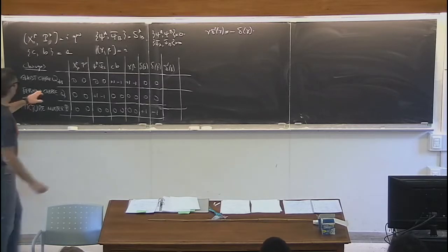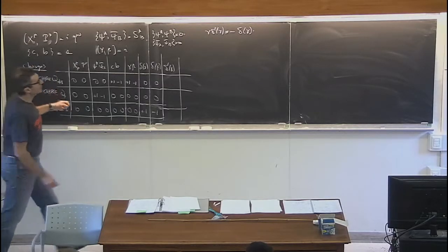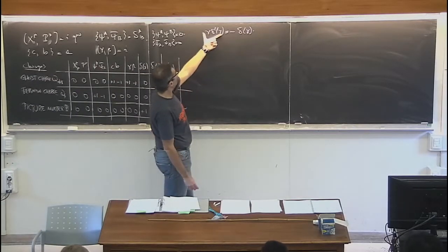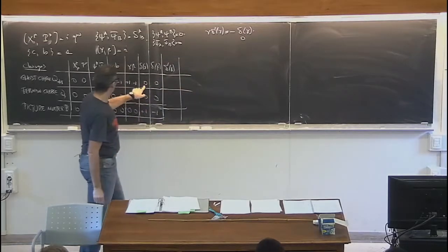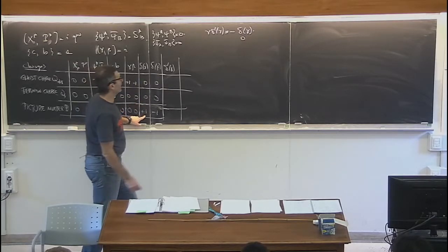From a ghost charge point of view, this quantity has ghost charge 0, as you can see from this equation. Ghost charge is 0, fermion number is 0, but the picture number is plus 1.